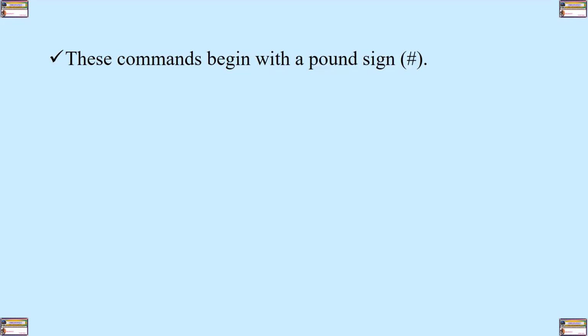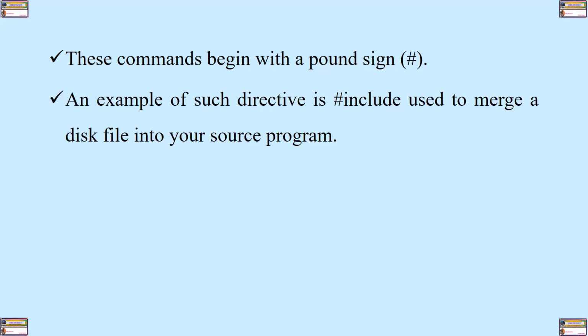Preprocessor directives begin with a pound sign, sometimes called a hash sign. An example of such a directive is what we call #include. #include is a preprocessor directive that is used to merge a disk file into a source program.